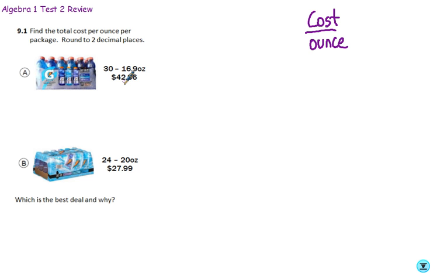Now, what I have to do with this one, the cost is $42.36, and then I have to figure out how many total ounces, because it's 16.9 in one bottle, but then I'm getting 30 bottles. So total ounces, I'd have to multiply the two.